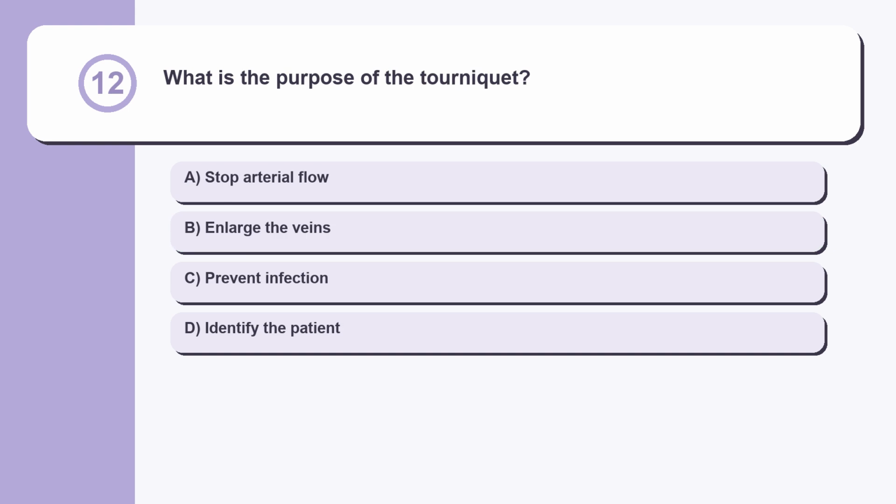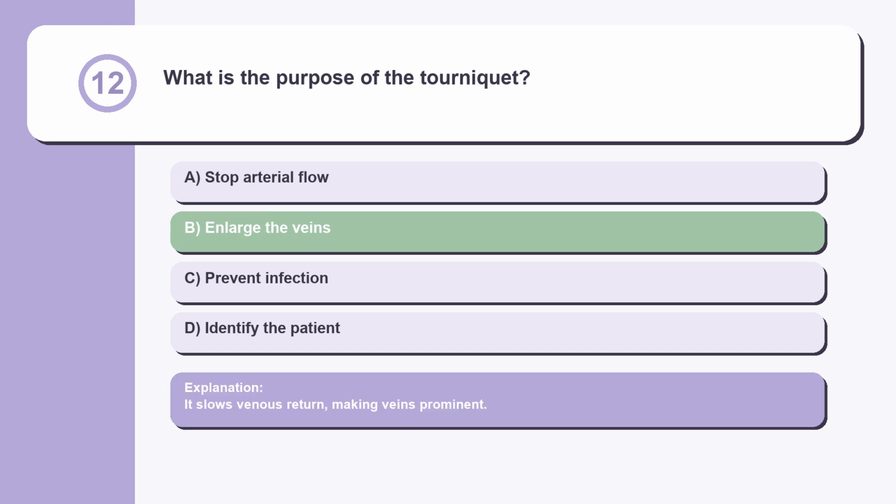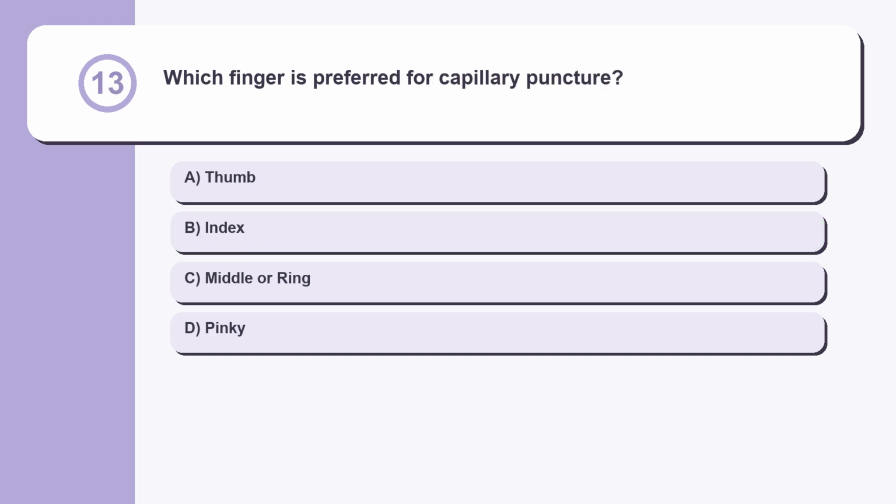Question 12. What is the purpose of the tourniquet? Stop arterial flow, enlarge the veins, prevent infection, identify the patient. It slows venous return, making veins prominent. Question 13. Which finger is preferred for capillary puncture?